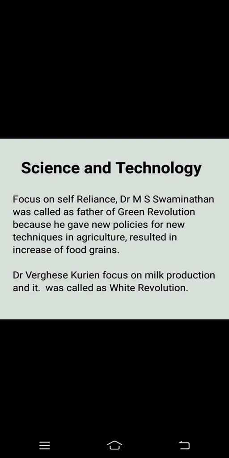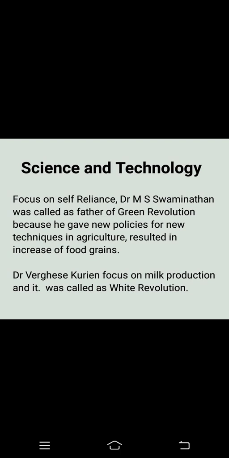Earlier we only had food grains or crops for our own people. But with the new technology and policies from Dr. M.S. Swaminathan, food grain output increased. So we are not only giving it to our country but also selling it to other countries. That is why it was called the Green Revolution.